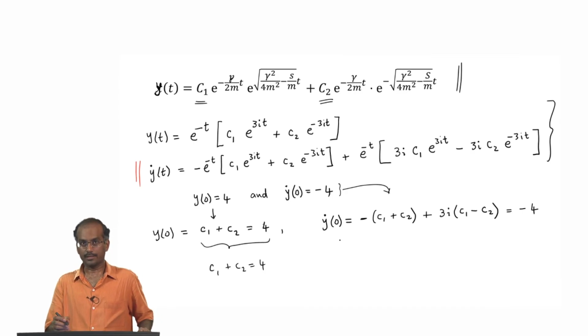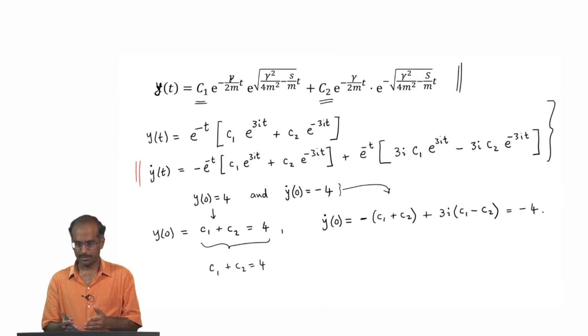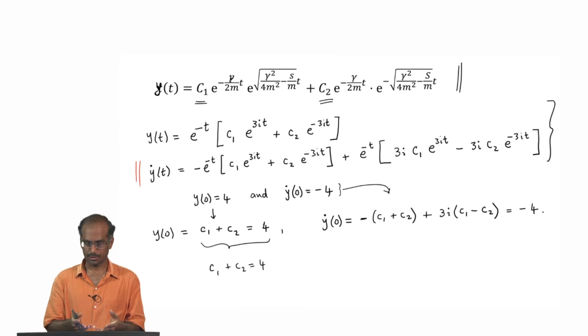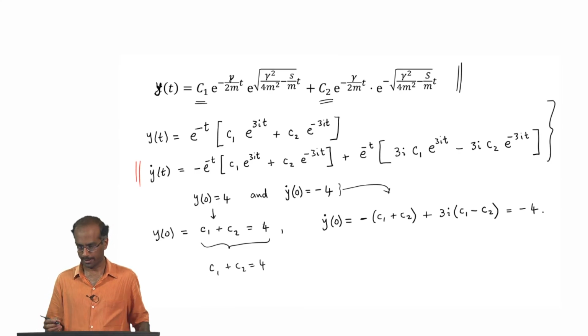whereas this second condition on y dot of 0 gives you a complex number, whereas the initial condition says that it has to be a real number, it has to be equal to minus 4.